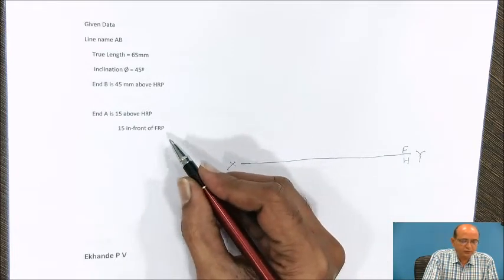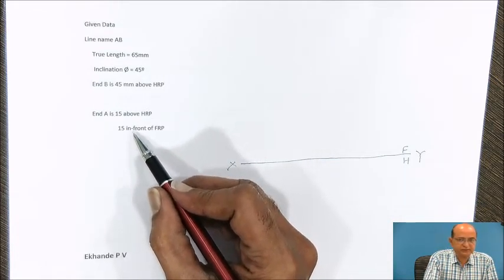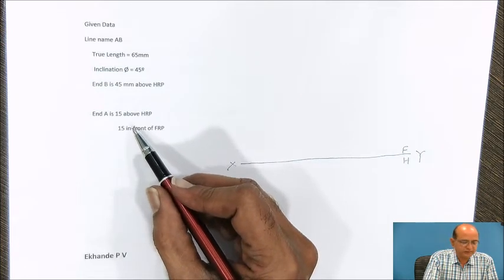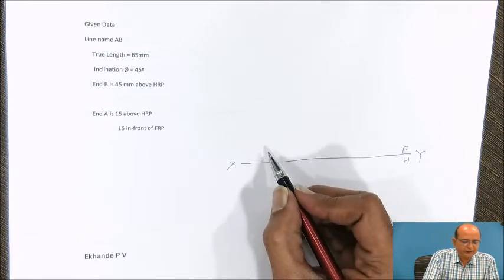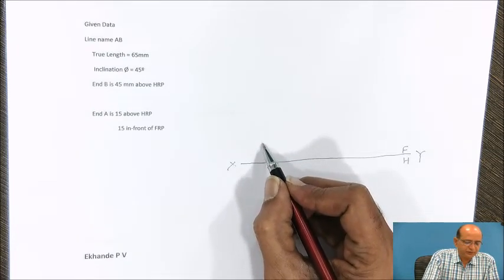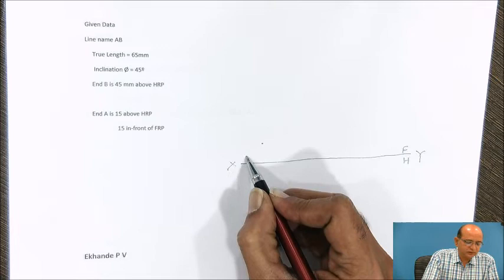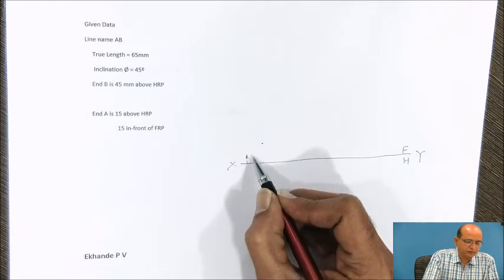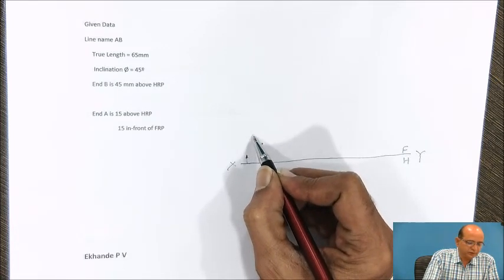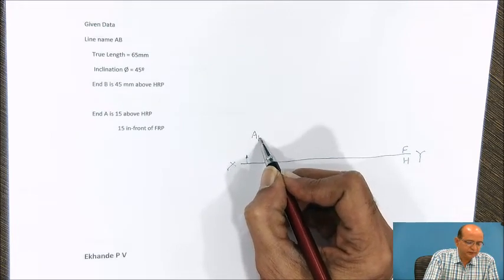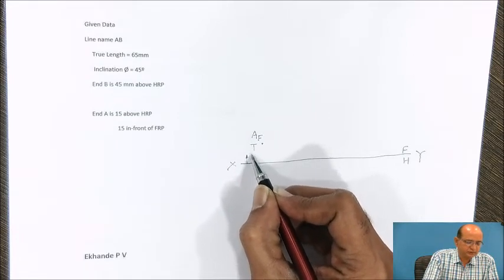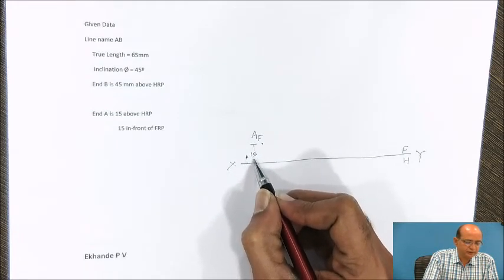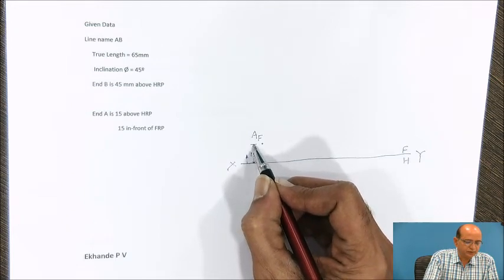Now the point A, which is given at distance 15 millimeter above HRP, so we have to mark that point at 15 millimeter distance above HRP. So this point we will consider point AF. Now this distance is 15 millimeter above HRP. Okay.